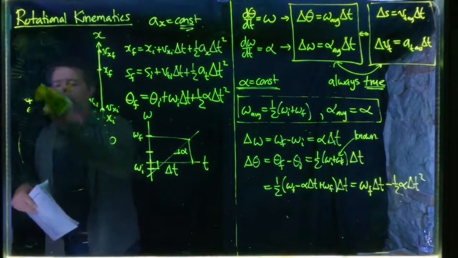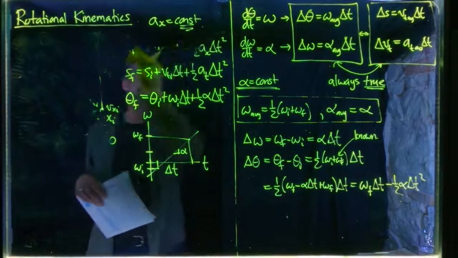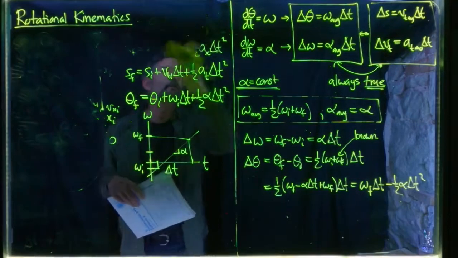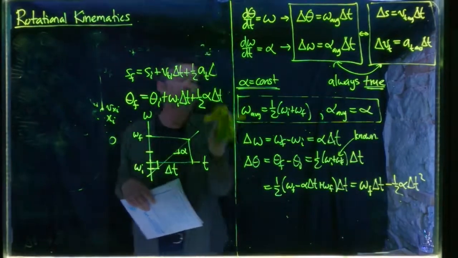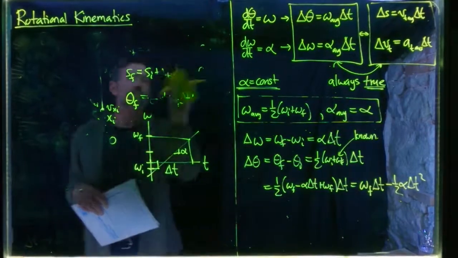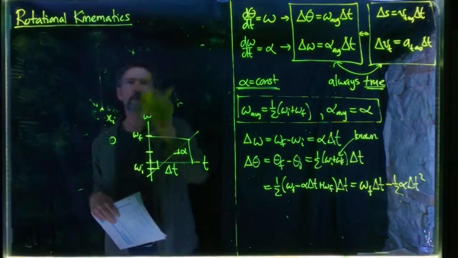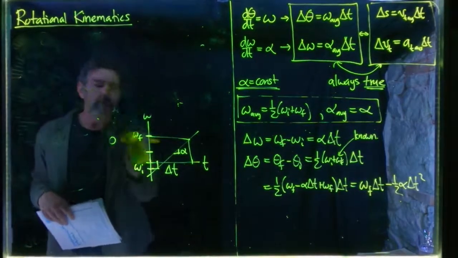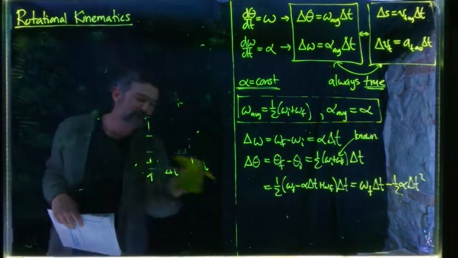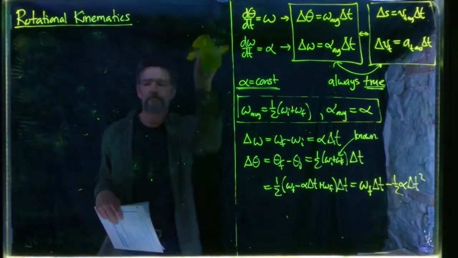So we're going to imagine just a wheel, and that wheel is going to be rotating around, and it will be undergoing some angular acceleration, which is constant. Okay, so we're going to give some things that we know, and we're going to try to figure out some other things. Okay, so the example looks like this.